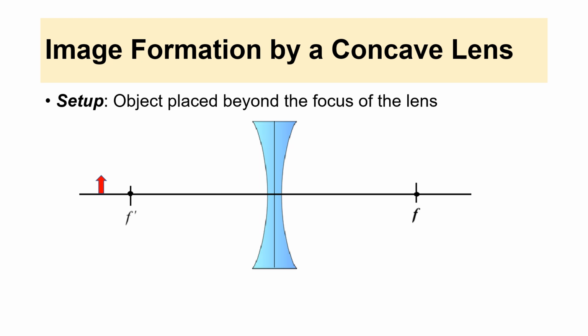The setup is the object is placed beyond the focus of the lens. So let's start at this point. The first step is to draw a parallel ray from the tip of the arrow, and then it will diverge, as we have discussed already, from the focus here.